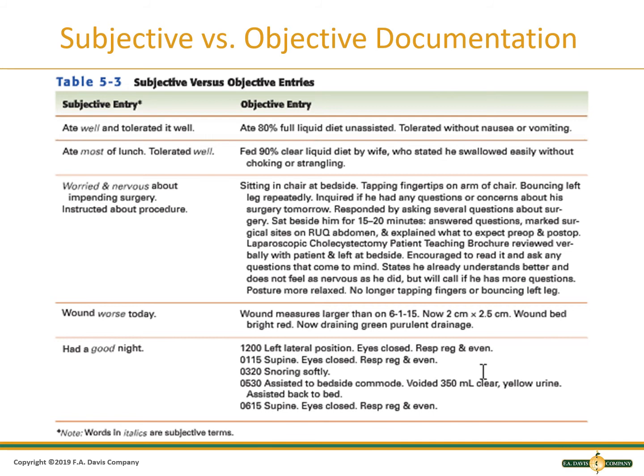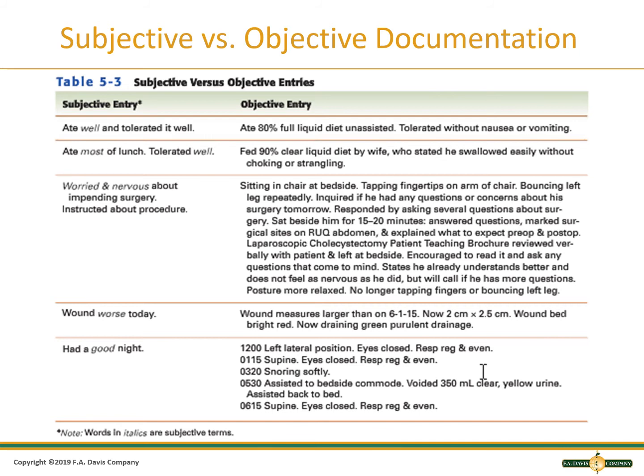Sat beside him for 15-20 minutes and answered questions, marked surgical sites, explained what to expect. Went through the patient teaching brochure, encouraged to read it. States that he already understands better, doesn't feel as nervous as he did, but we will call if he has more questions. Posture is more relaxed, no longer tapping fingers or bouncing left leg."